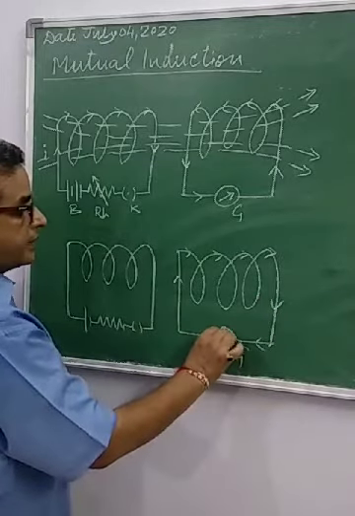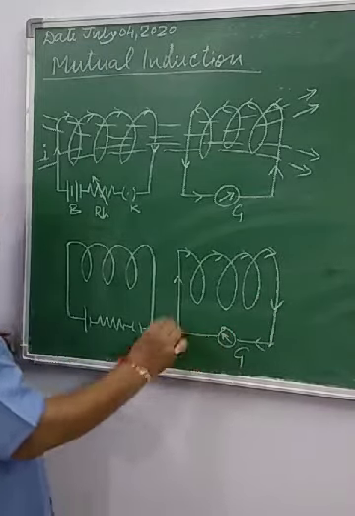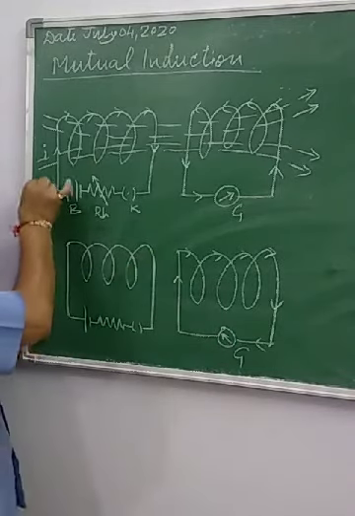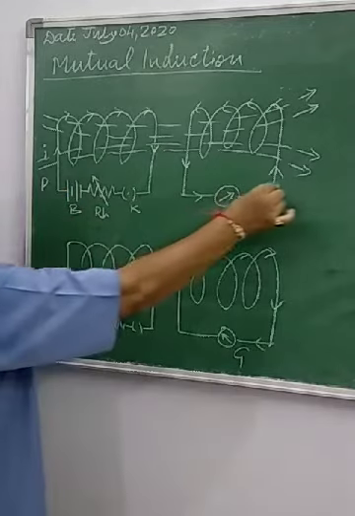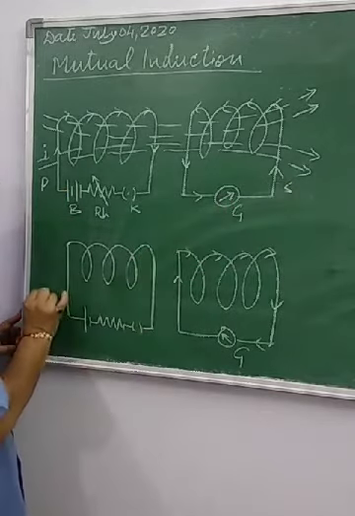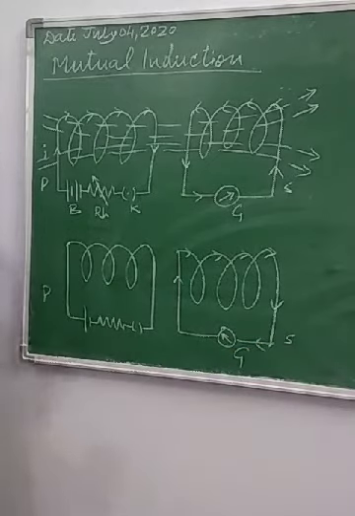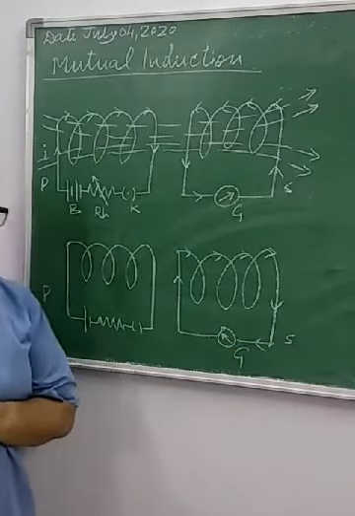It is like this. So the galvanometer needle will be in the opposite direction to the first one. So this is called the primary and this is called the secondary coil. So this is the mutual induction.